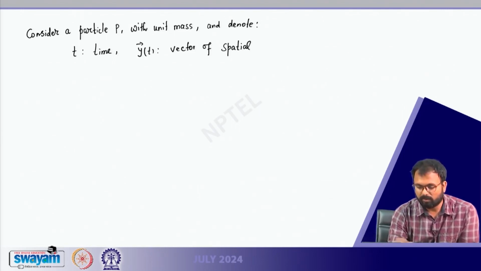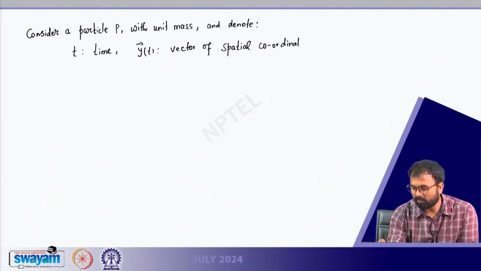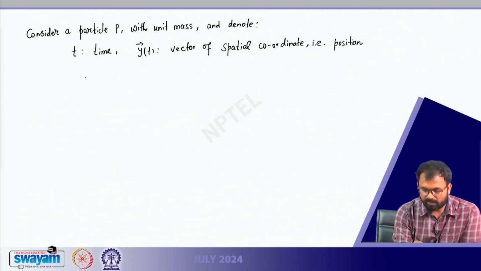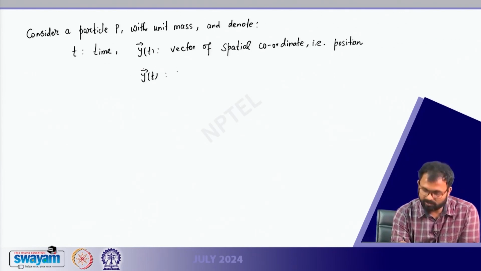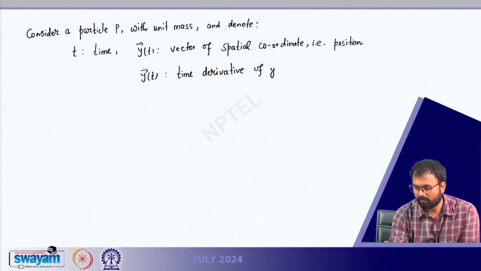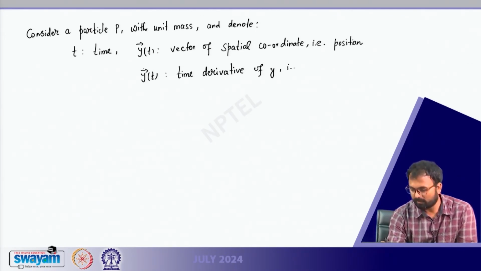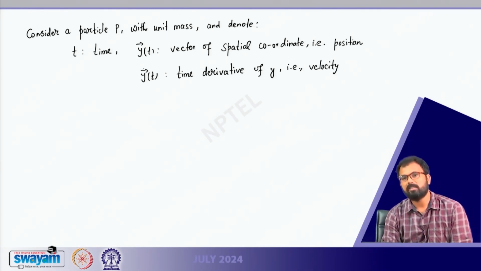You don't have to consider a vector, it can be scalar also. In plain words, you can say y(t) is the position of the particle, and y dot (t) represents the time derivative of y. You may also call it velocity. Basically, the rate of change of displacement is your velocity.